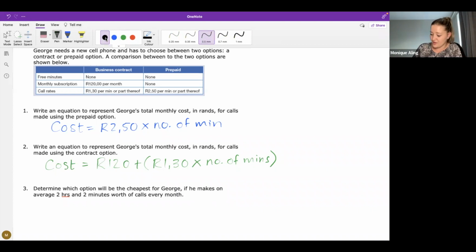Remember 1 hour is 60 minutes. So 2 hours is going to be 120 minutes. Plus my 2, that was already in minutes, so I didn't have to convert.